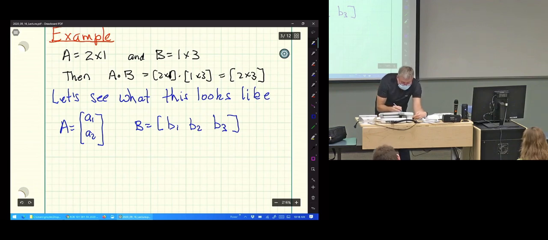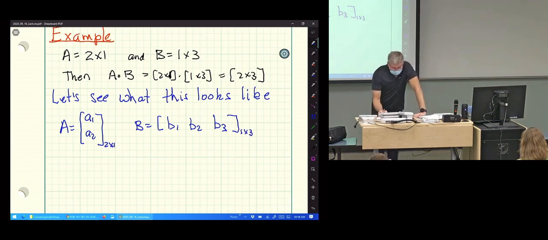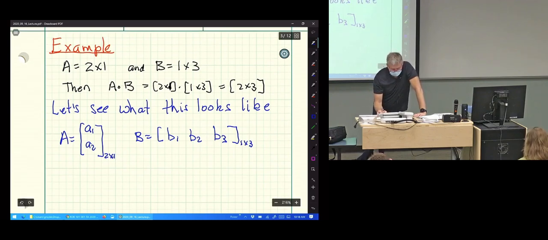So this is a 2 by 1, and this is a 1 by 3. So I'm allowed to multiply them using the rules of matrix multiplication.